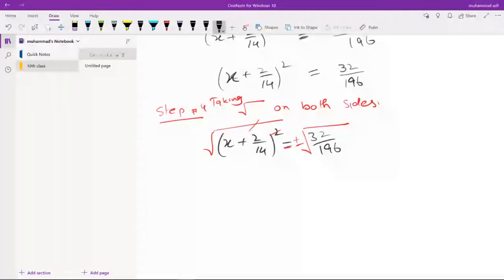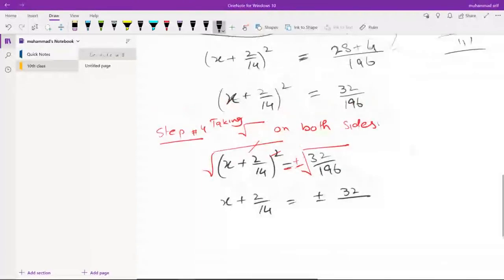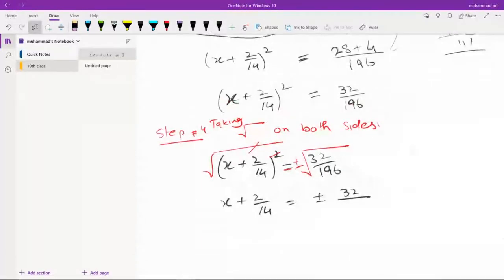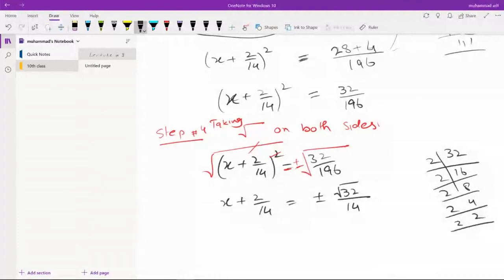After this, x plus 2 by 14 equals plus minus square root of 32 by 196, and we can simplify. 196 means 14 squared, under the square root. For 32, LCM: 16, 8, 4, 2, 1.